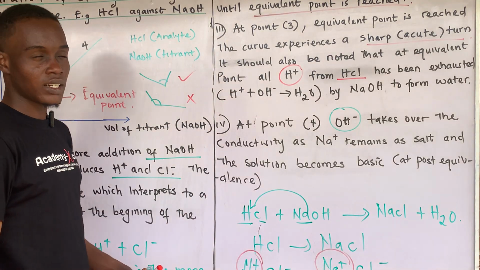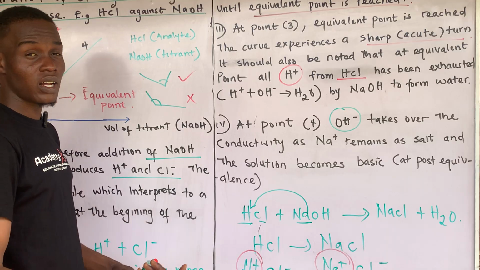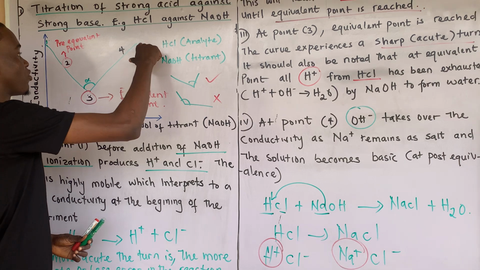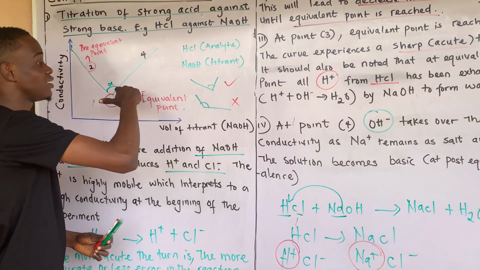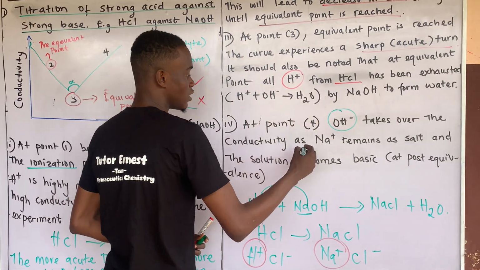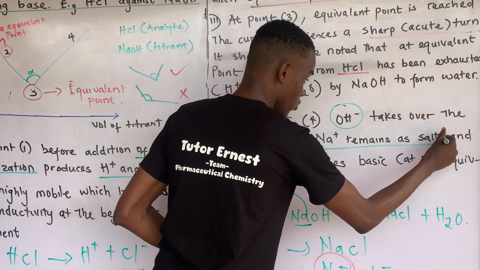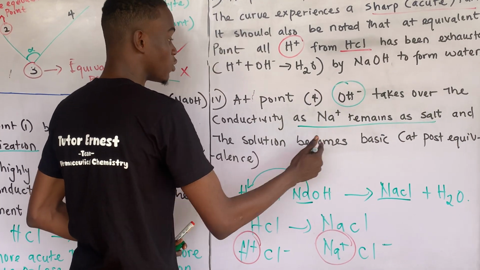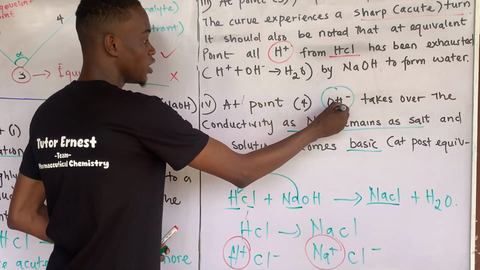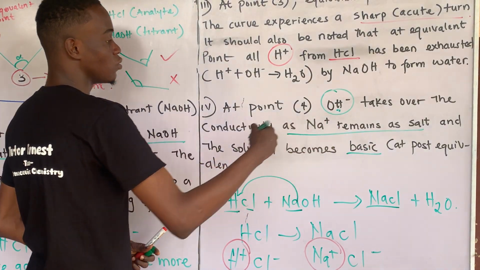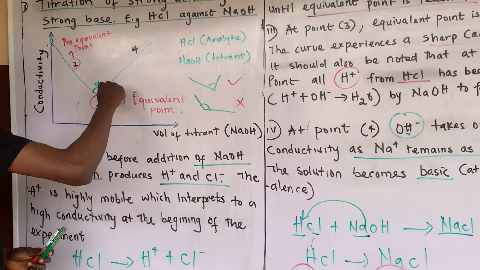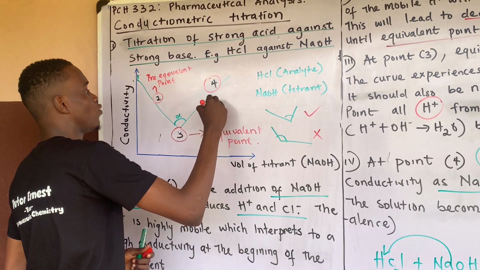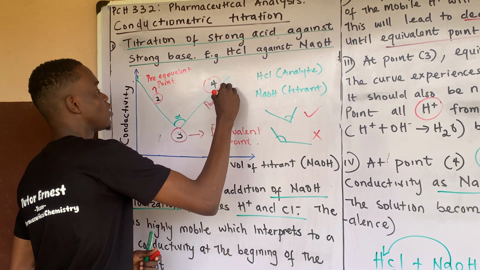It keeps on rising, and this tells us that the hydroxyl ion takes over the conductivity as Na remains as salt, forming NaCl, and the solution becomes basic because OH confers basicity to the solution. So the conductivity of the solution keeps on rising as we keep on adding titrant, and this tells us that point 4 is the post-equivalence point.